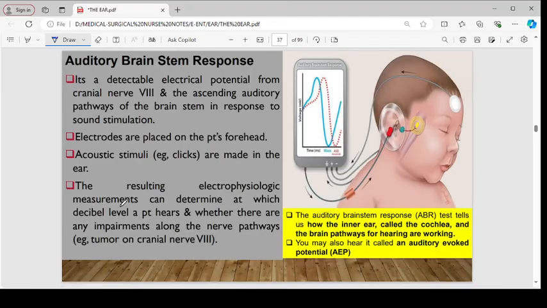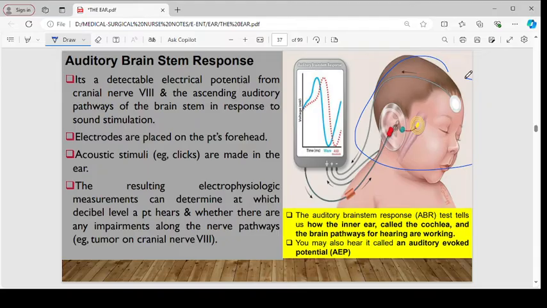Okay. We also have auditory brainstem response, which is a detectable electrical potential from cranial nerve 8 and the ascending auditory pathways of the brain in response to sound stimulation. So electrodes will be placed on the patient's forehead. Then the acoustic stimuli, the clicks, are made in the ear.